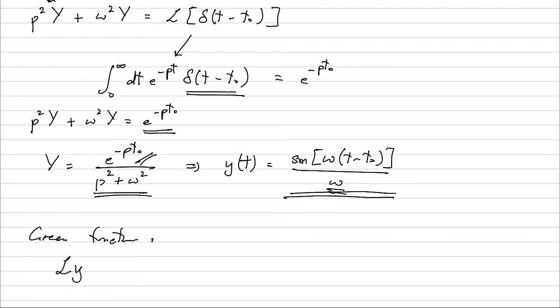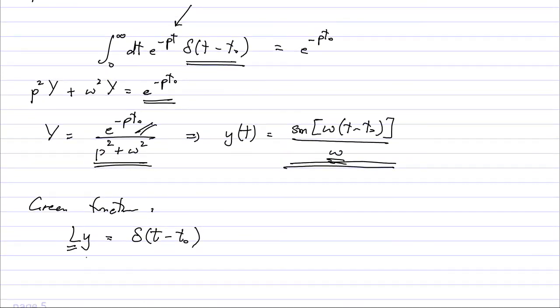So you have some linear operator, not the Laplace transform. Just so that I prevent confusion, let me use the simple L x and y. So this is your linear differential operator. It acts on y to give you delta something like this. Then in that case y is called the Green function.